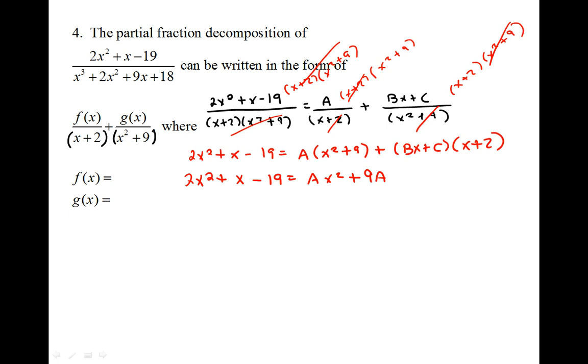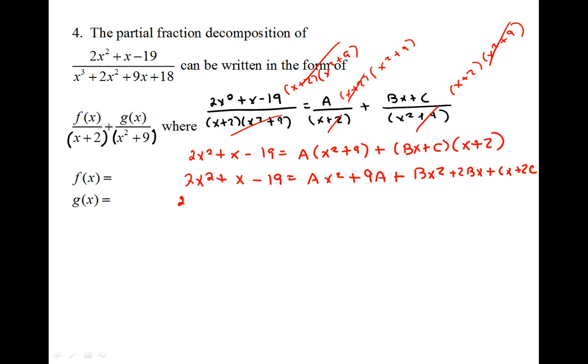And now you need to FOIL this, okay? So you're going to get plus bx squared. Bx times x is bx squared. You do your outer, bx times 2 is 2bx. Your inner, c times x, is plus cx. And then your last, c times 2, is plus 2c.